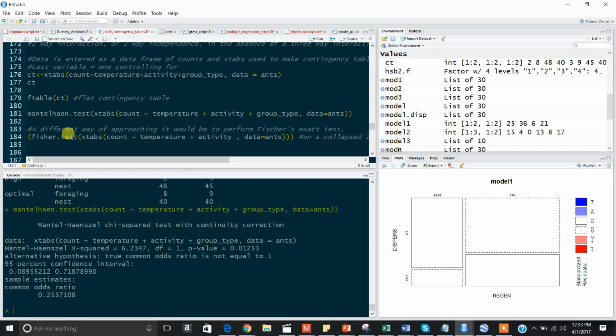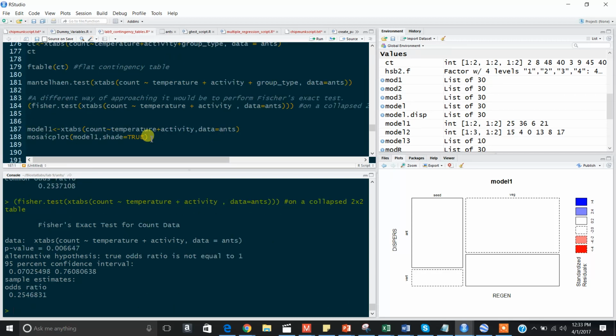We're going to use the fisher.test function. And notice, since again this can only be performed on 2 variables, we're taking out group type and we're just looking at temperature and activity. So this will produce the outputs on a collapsed 2 by 2 table. So we're no longer in the realm of 2 by 2 by k, we're in 2 by 2. Okay.